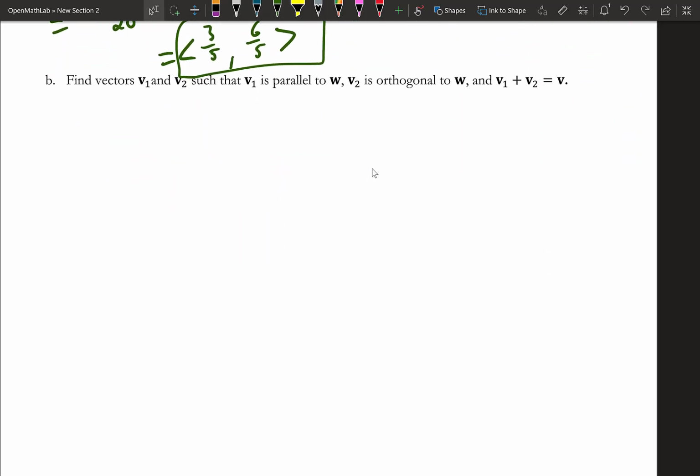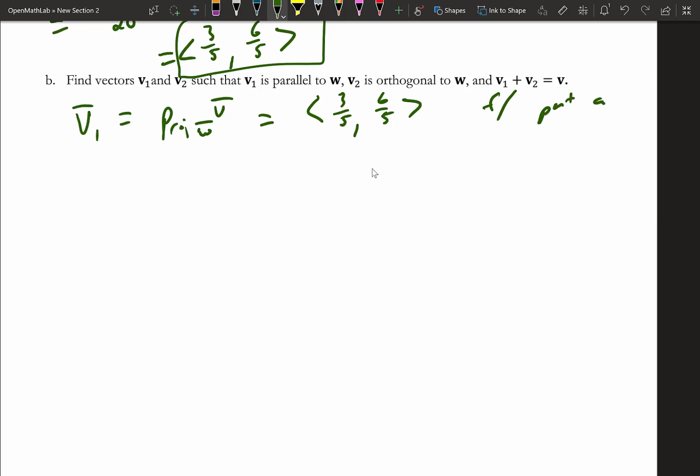So then part B, we want to find v1 and v2, where v1 is parallel to w and v2 is orthogonal to w, and we know v1 plus v2 equals v. So remember, vector v1 is equal to the projection of vector v onto w, which we found in part A to be 3/5, 6/5. So that's from part A.